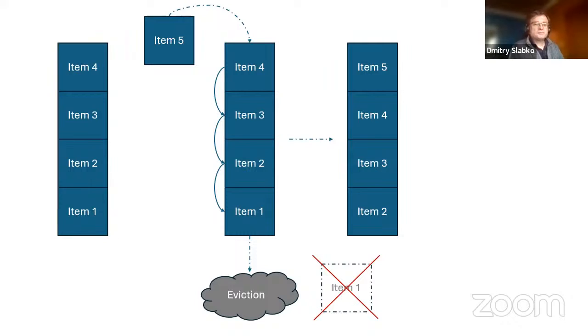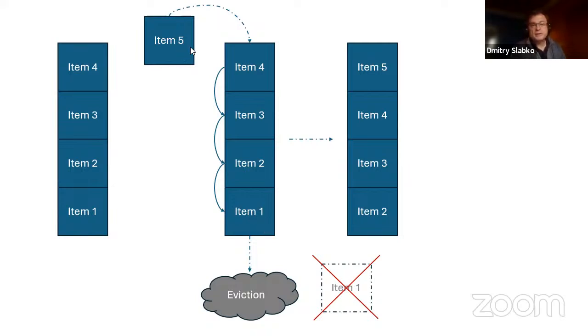Okay. So here is our cache. It has a capacity of 4 items. We stored already 4 items in the cache, and then we are going to store one more item, item 5. Item 4 is the most recently added item, and item 1 is the first added item, so it has the oldest age in the cache.